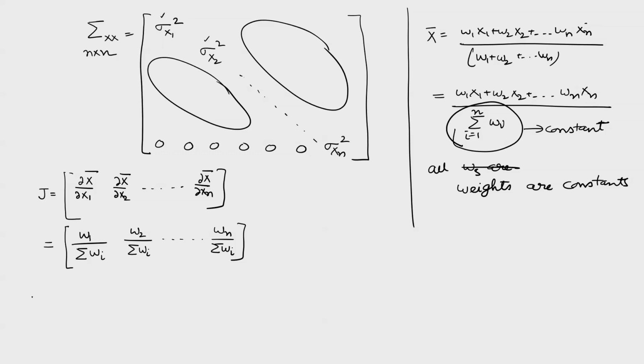So, I know the J matrix. You can also derive the JT matrix, which is nothing but the transpose of J. Now, we have to plug all these values into the basic formula. Sigma x bar equals J sigma x1 x2 xn into JT here. Okay. Try to find out what is the answer here.